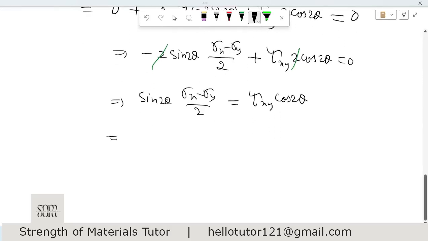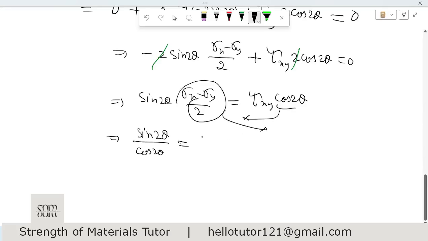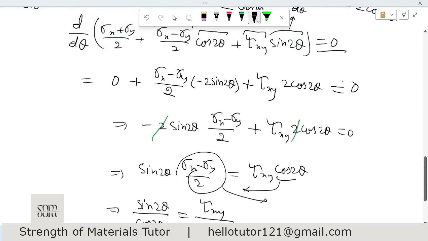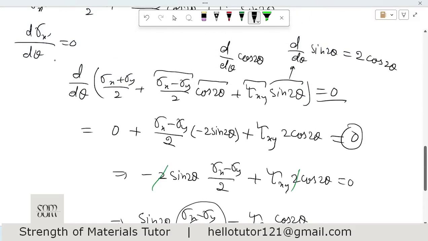Now let us throw cosine of 2 theta to this side. So it is going to be sine 2 theta divided by cosine of 2 theta, equal to, let us throw this term to this side, tau xy divided by sigma x minus sigma y by 2. Now because we equate this to 0, what is this theta?